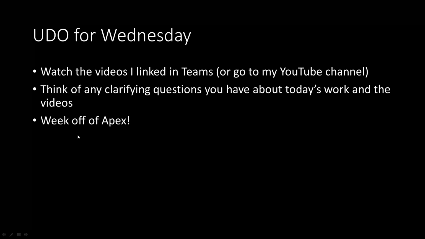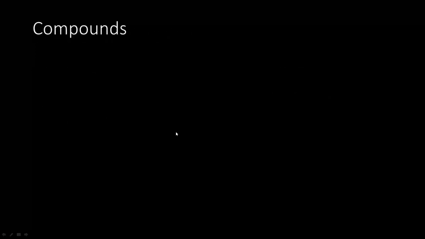And today's work is for ionic compounds. The videos are for covalent molecules. So we have 2 different types of bonds, 2 different ways we have to represent how they are. So here we go, talking about our compounds.